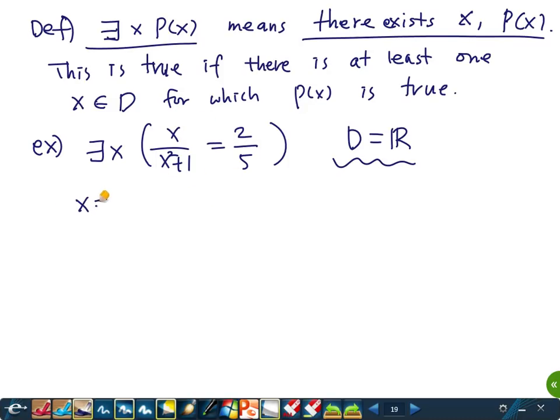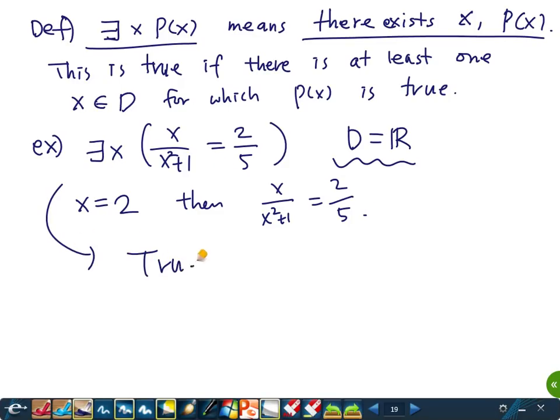Let's say x equals 2. So we found just one, and that is enough to conclude that this is true. You don't have to consider other things. There can be more examples or not, it doesn't matter. If you found one, that is enough. You don't have to find all solutions to determine whether this proposition is true or not.